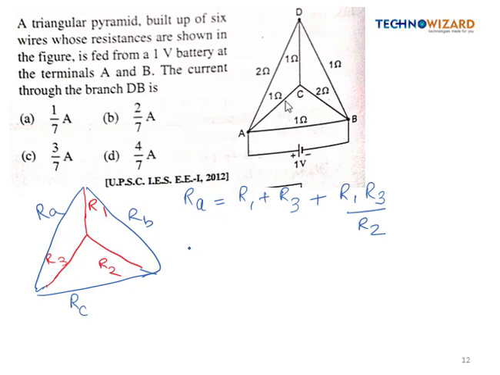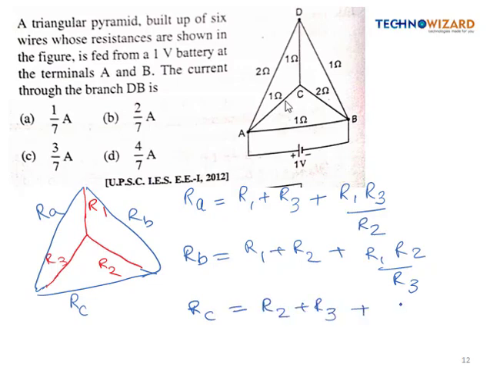Similarly RB will be equal to R1 plus R2 plus their product R1 R2 divided by branch opposite to RB is R3, and similarly we can find the value of RC, which will be equal to R2 plus R3 plus R2 R3 divided by branch opposite to RC is R1.